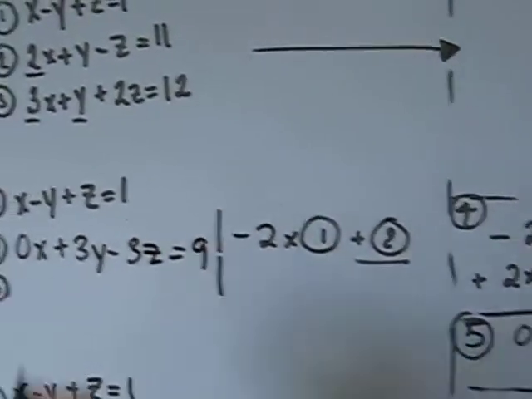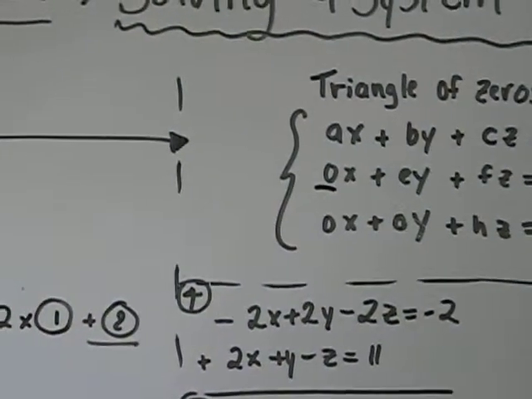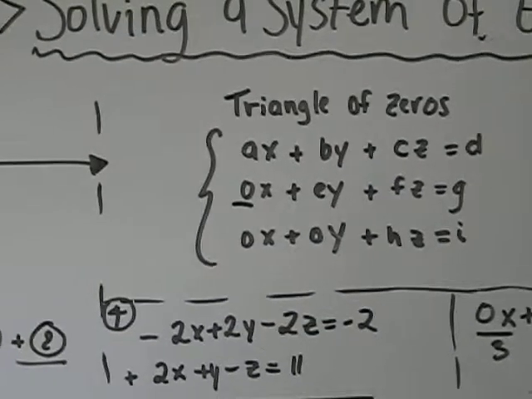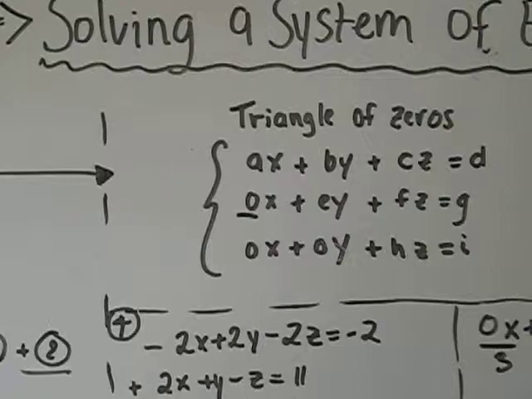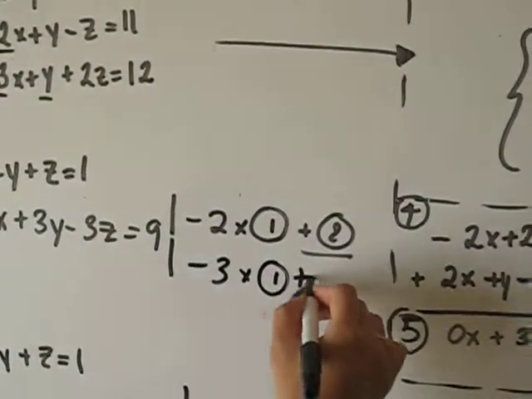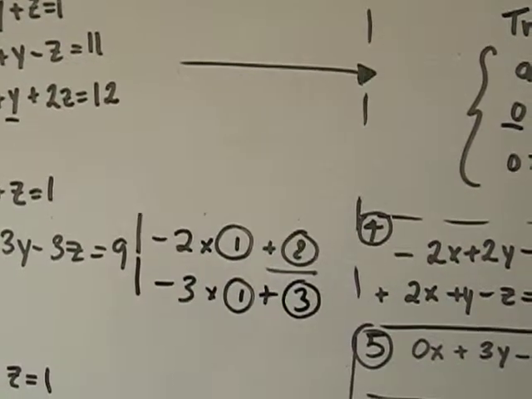Here you can already see that we have the first zero that we need. Next, we have to do something to the third equation to get the two zeros on the x and the y. So we're going to multiply the first equation by -3 and then add it to equation number 3.